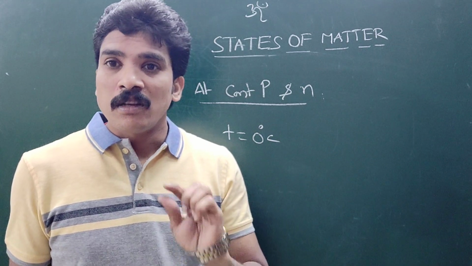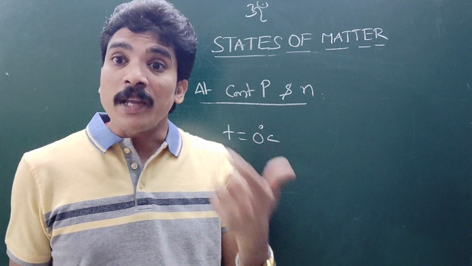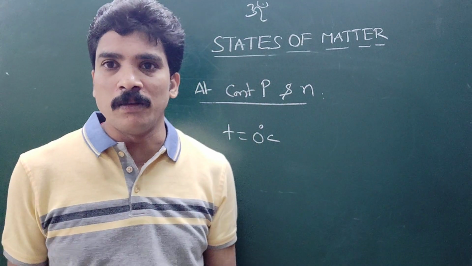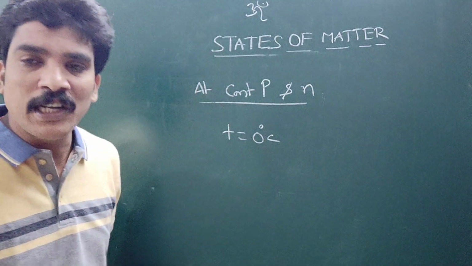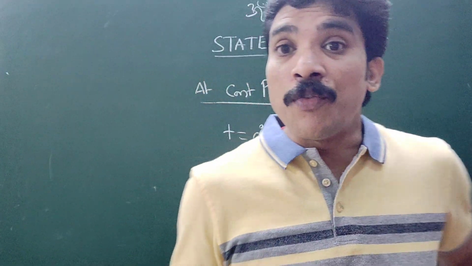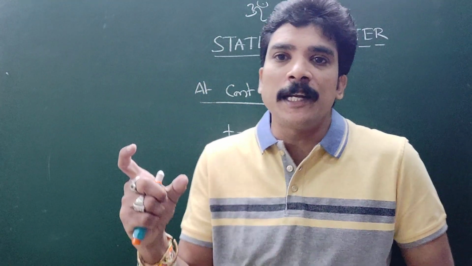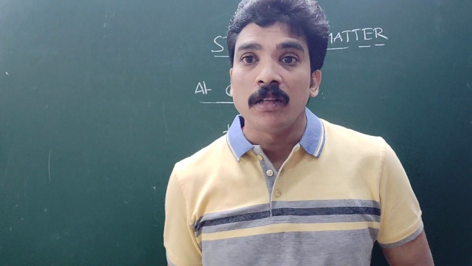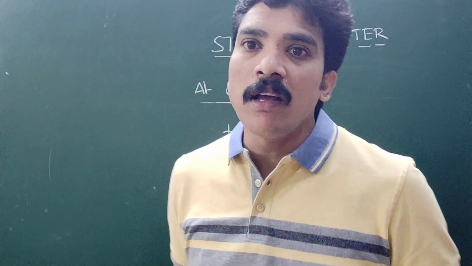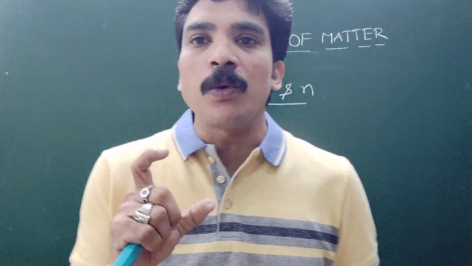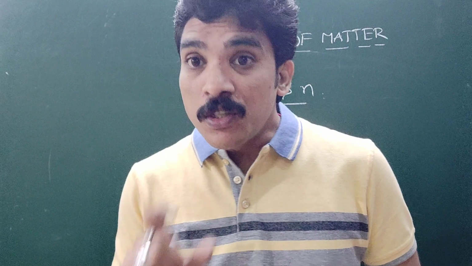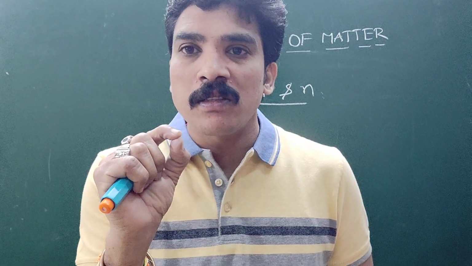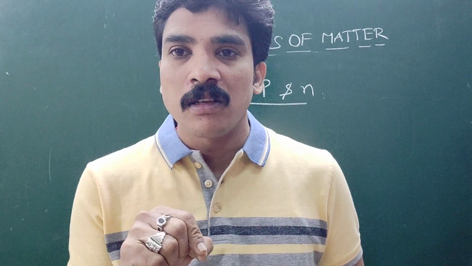In this problem we want to calculate the temperature. What is the given condition? If pressure and moles are constant, then according to Charles' law, V is proportional to capital T. This is a very important point. The majority of students make a mistake here.